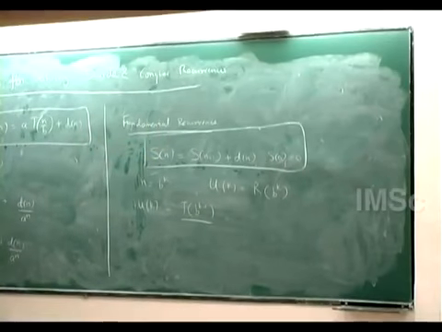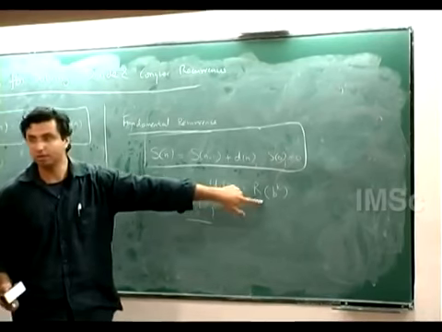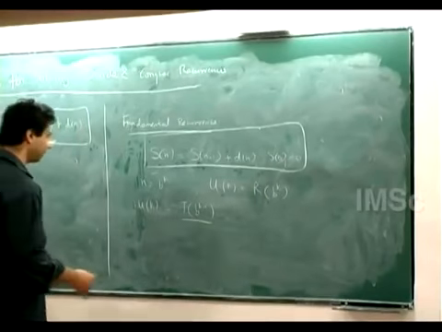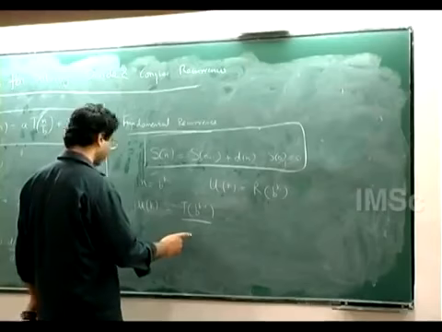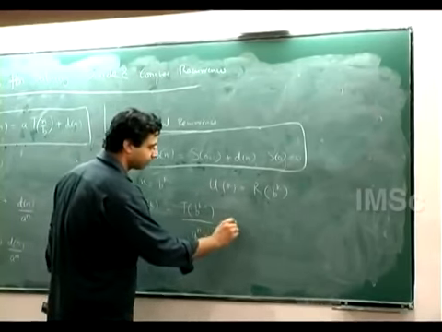So this was the range transformation on n. Now I'm doing the domain transformation. I'm defining u of k to be r of b raised to k. So if I do that, what do I get? I'll get u of k is T of b raised to k minus 1 upon a raised to n minus 1.